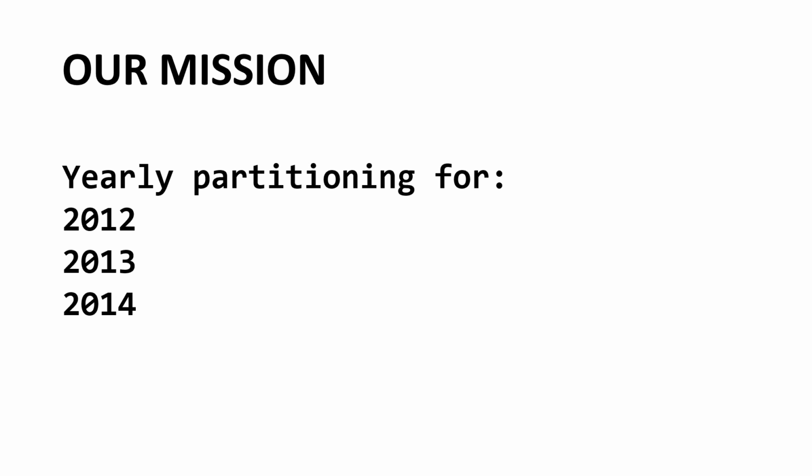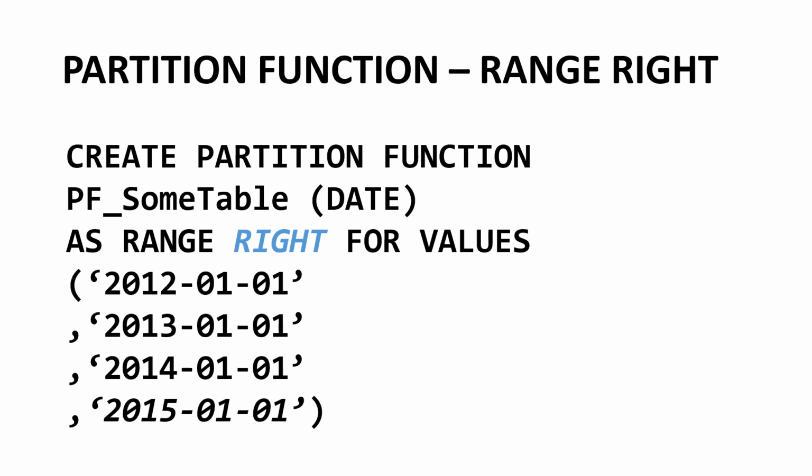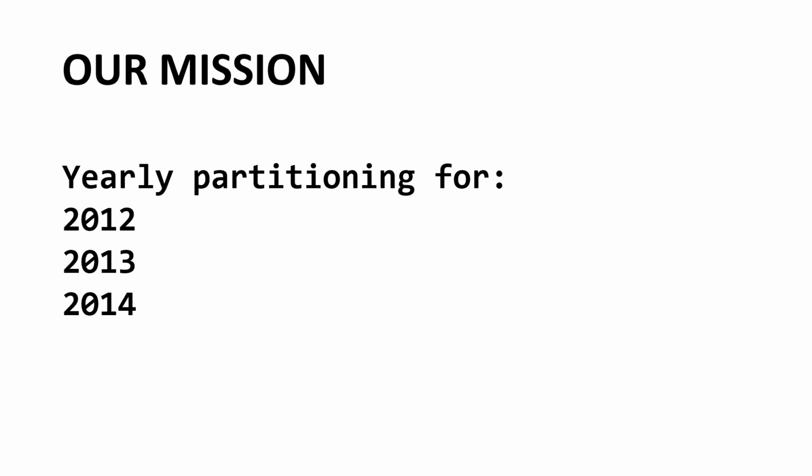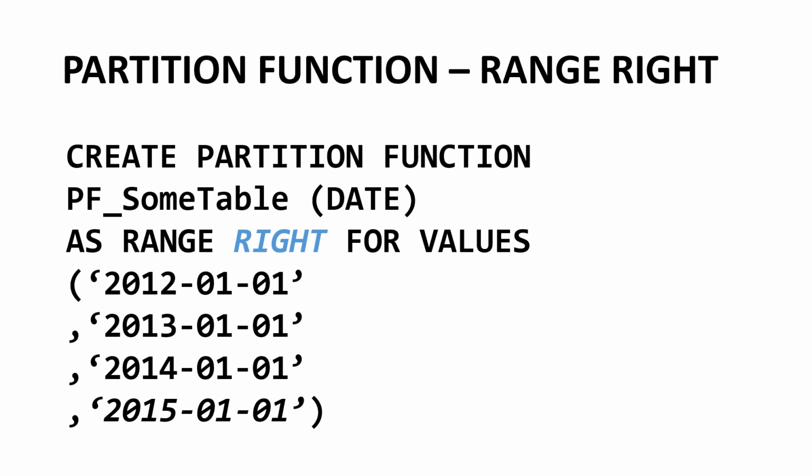Our mission, we're going to do this now, is to create yearly partitioning for 2012, 2013, 2014, because there's nothing like experience, right? Our partition function will look like this, as range right for values, and we have January, 2012, 2013, 2014, right? You'll notice here that I have also 2015.